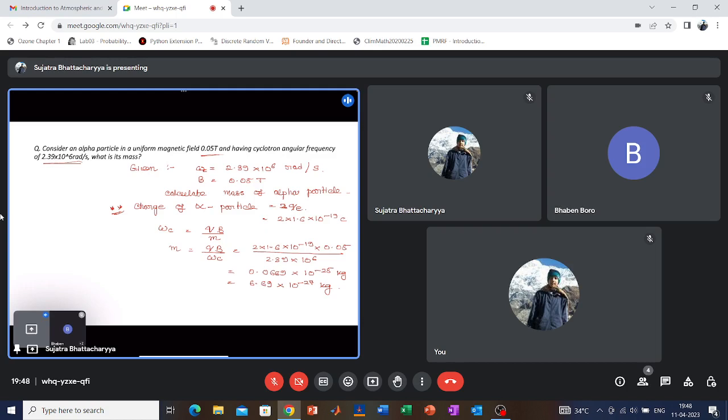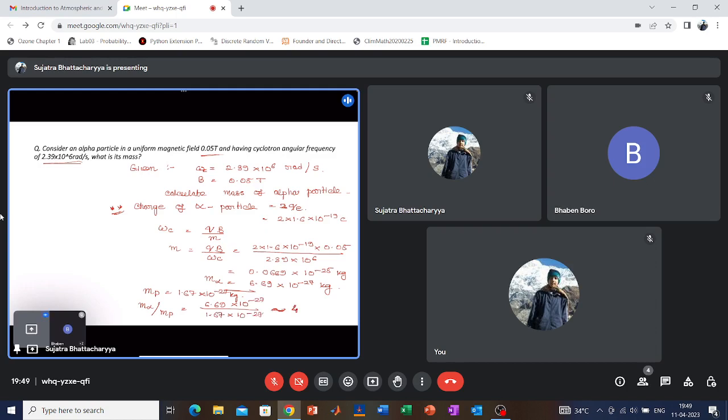Now, just check one thing. See, this is the mass of the alpha particle, right? Now, what is the mass of the proton? Is 1.67 into 10 to the power minus 27 kgs. Just check what is the ratio of M alpha by MP. So 6.69 into 10 to the power minus 27 divided by 1.67 into 10 to the power minus 27. So it comes out to be roughly equal to 4.